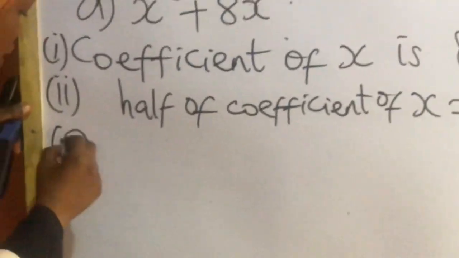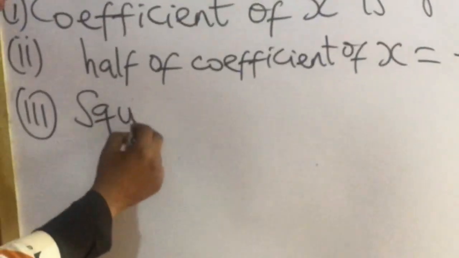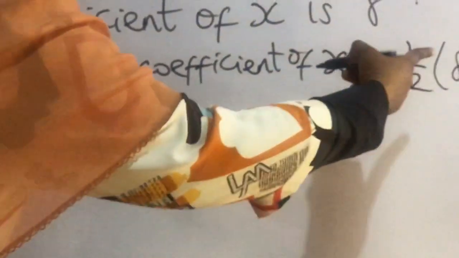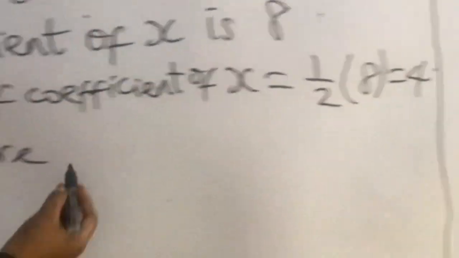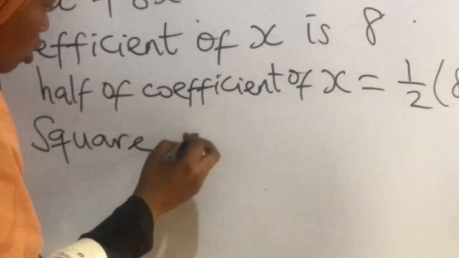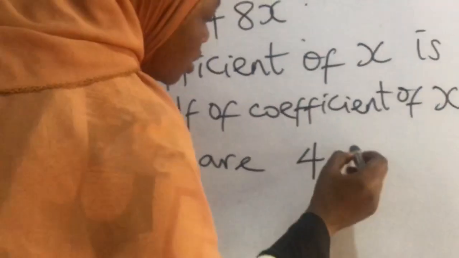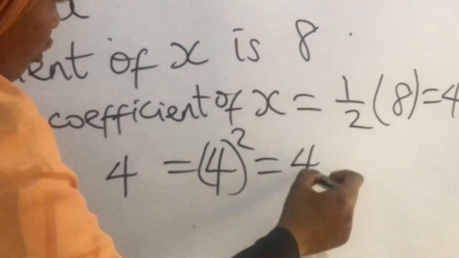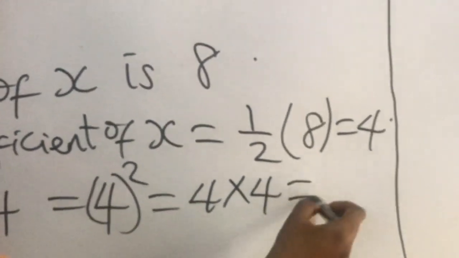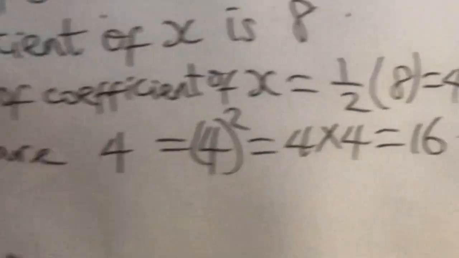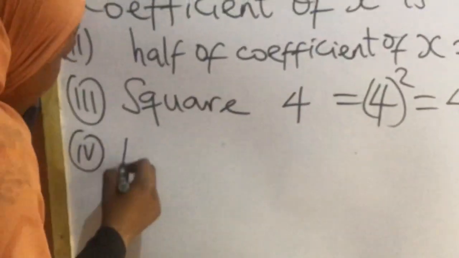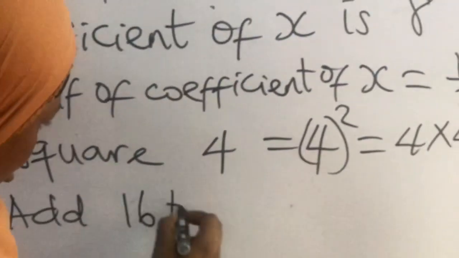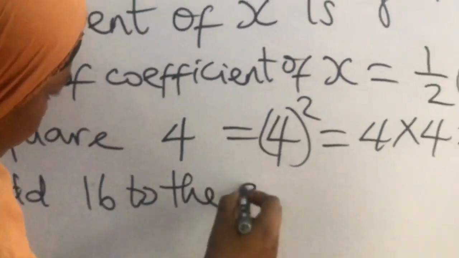So square the answer, that is, square the half of the coefficient of x, which is 4. So 4 squared is equal to 4 multiplied by 4, and that is equal to 16. Now add 16 to the expression.